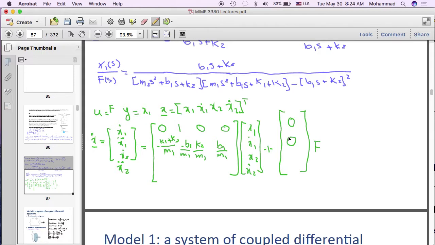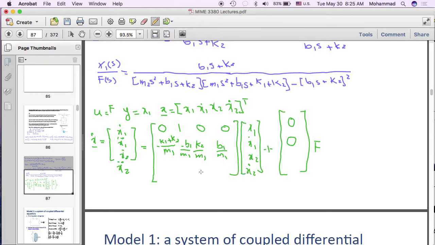So what is the third row? The third row on the left side is what? What do you see as the third row of vector X dot? X2 dot. Now, how is X2 dot a function of these 4? X2 dot is equal to the fourth one.